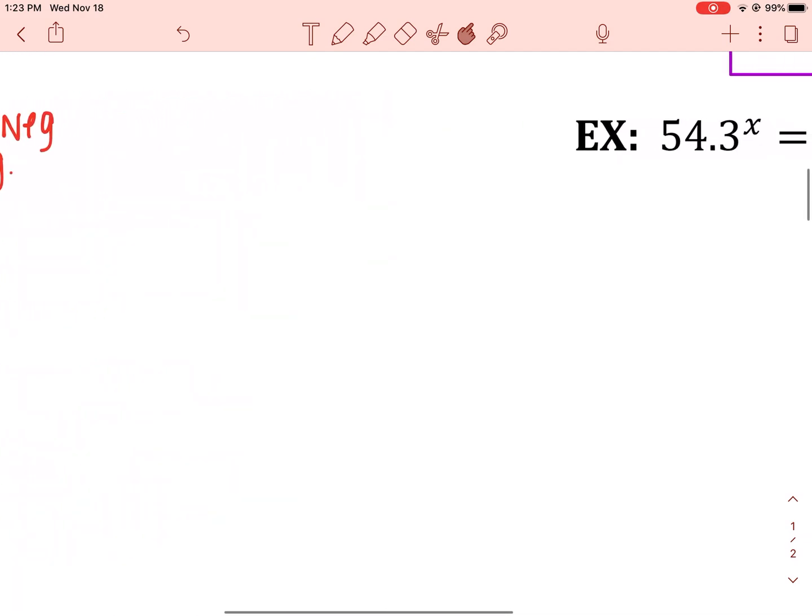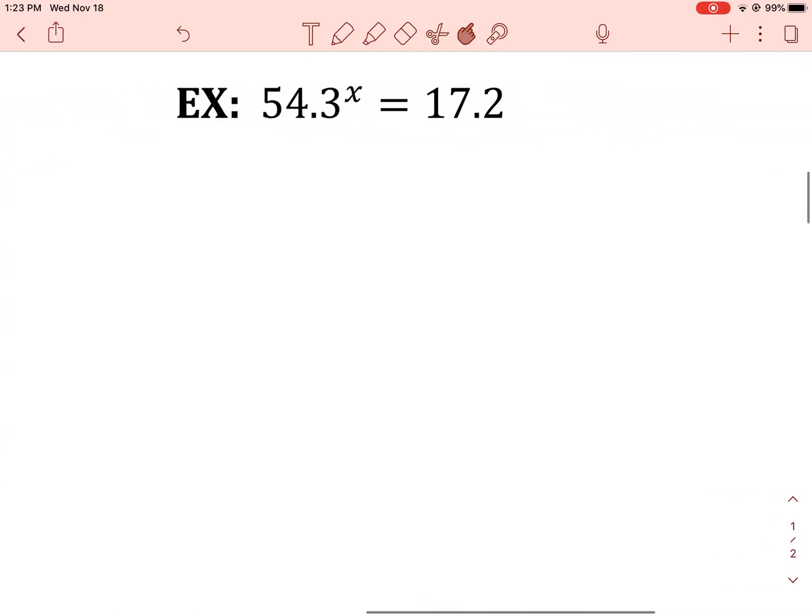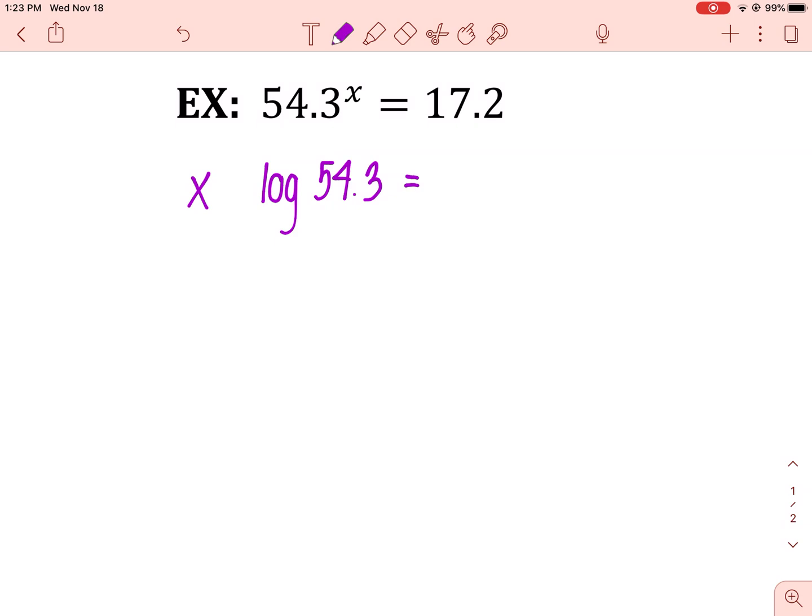Let's try a couple more. We have our x in the exponent, so to move that down, you're going to put it in front and take the log of both sides. We're going to undo that multiplication by just dividing by log of 54.3.